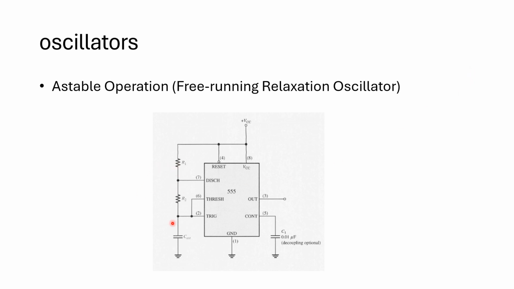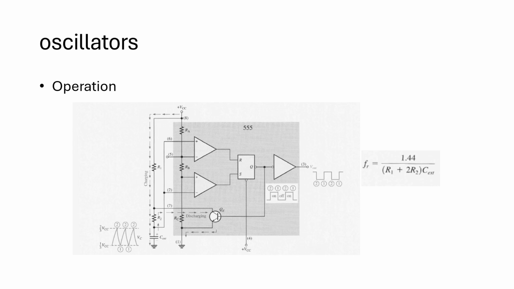R1, R2 and the external capacitor form the timing circuit that sets the frequency of oscillation. This is what you connect in our 555 timer for it to operate as a free running relaxation oscillator.